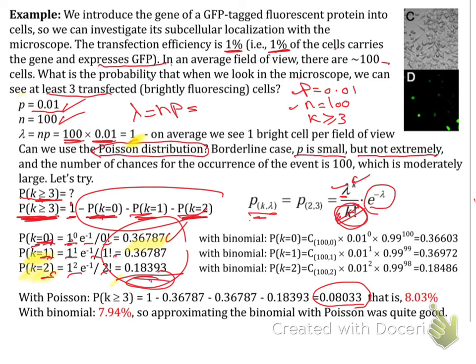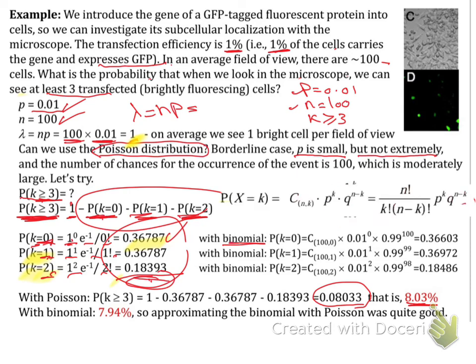which is 8.03%. If we use the binomial, because we have already n and p, we can get the formula of the binomial here, which will be combination n k, p to the power k, q to the power n minus k. I have already p.